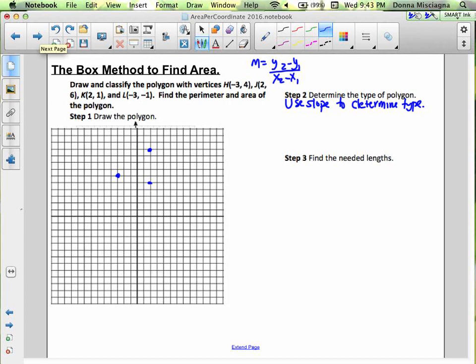And then negative 3, 1. All right, let's box our figure here.